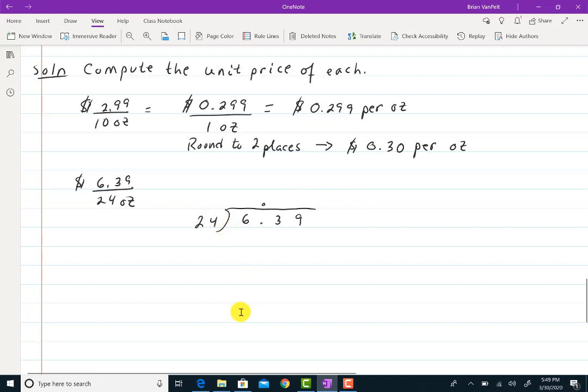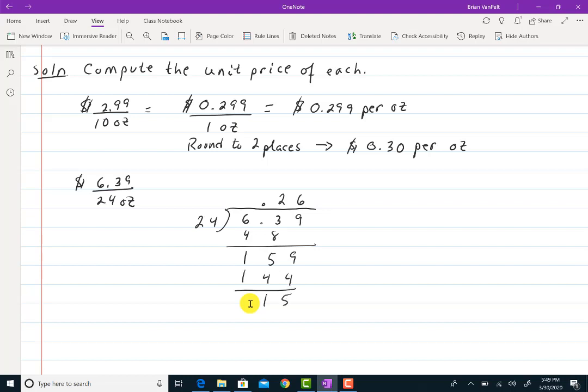Let me bring my decimal up, and I'll start with 24. It goes into 63 twice. So then I have 48. Subtract, I get 159. Now 24 goes into 159, I think it's 6 times. So I get 144.